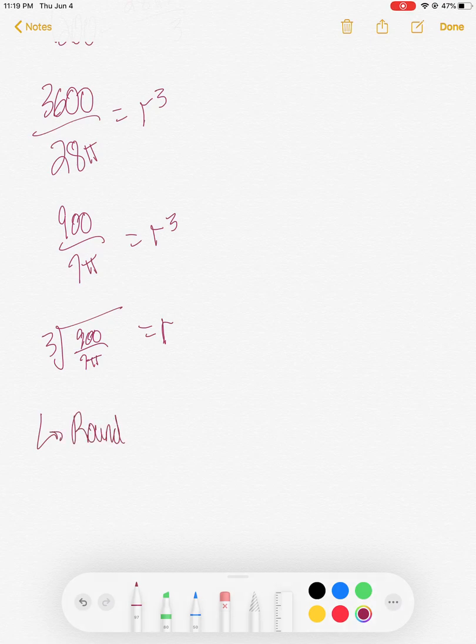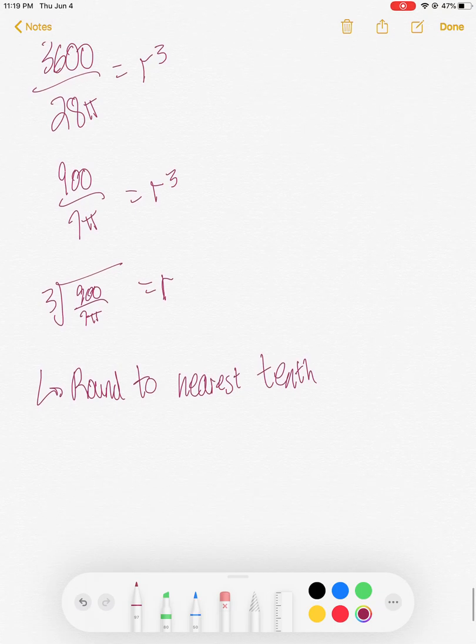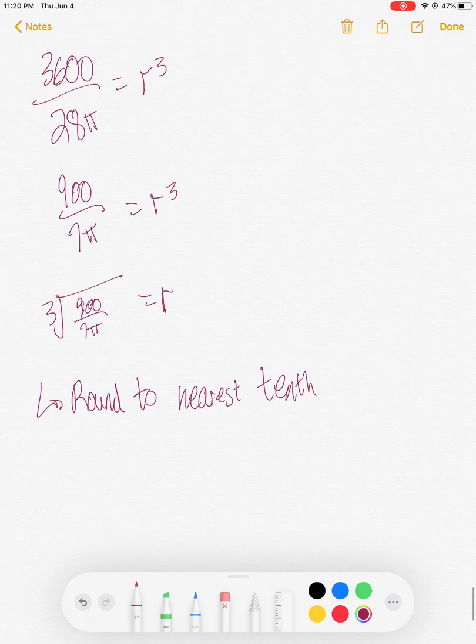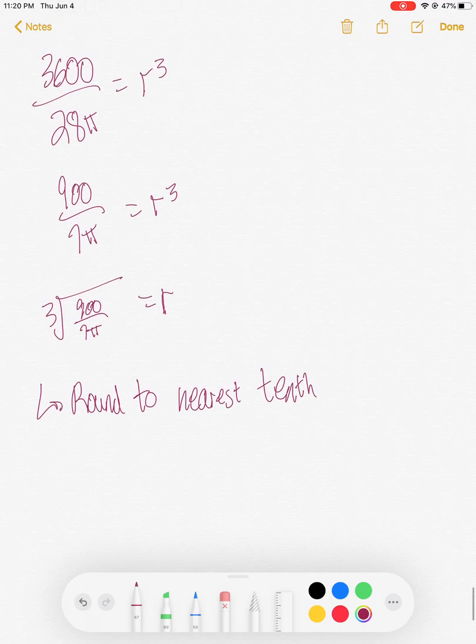Goodness, cube root of 900 over 7 pi, it looks like, equals r. Oh, and they tell us to round to the nearest tenth. I'm going to leave it here. Round to the nearest tenth.